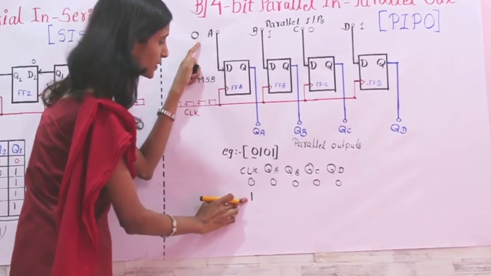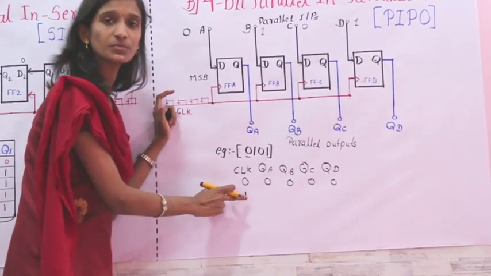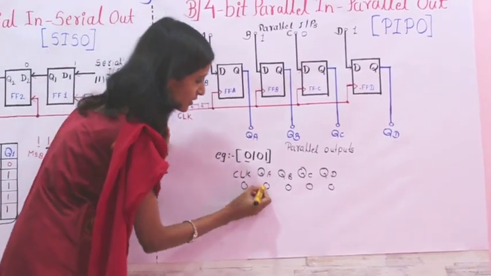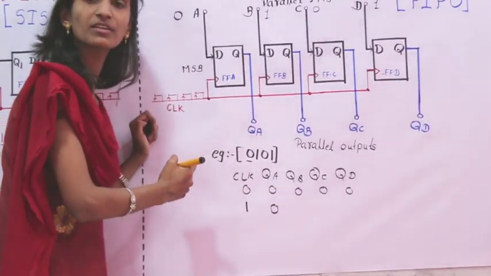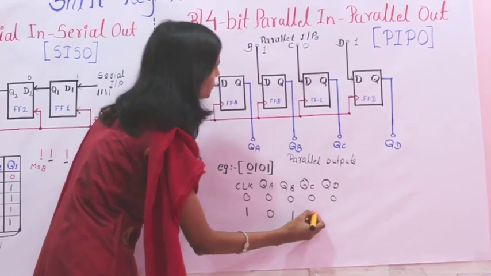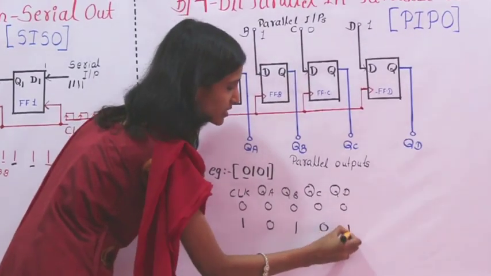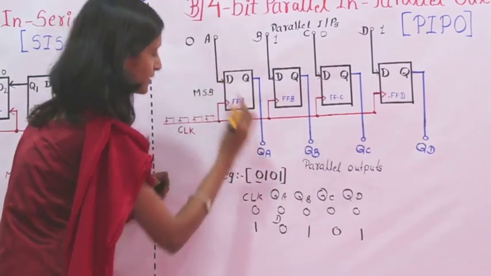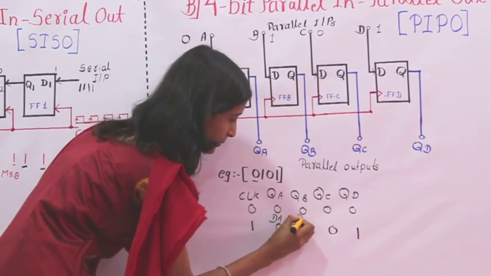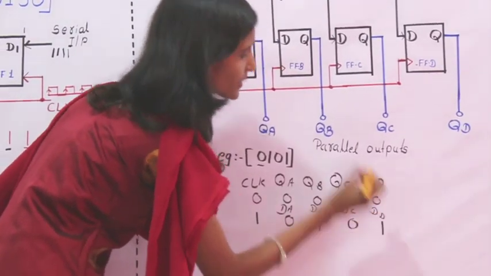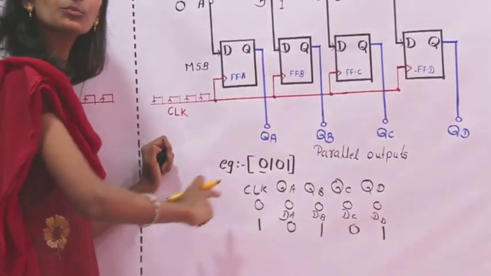So I am transferring here for the first clock, that is, the first cycle or first pulse. 0 is given, then 1, then QC 0 and last is 1. You can see DA, DB, DC and DD, the last flip-flop, are the inputs given.